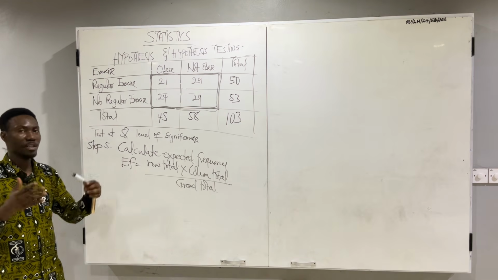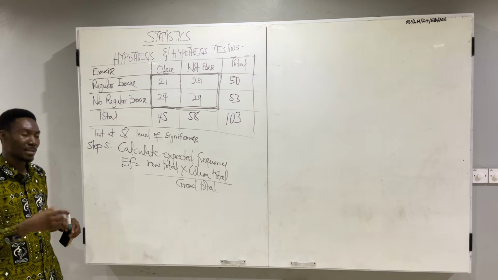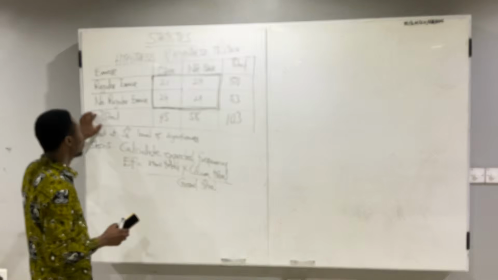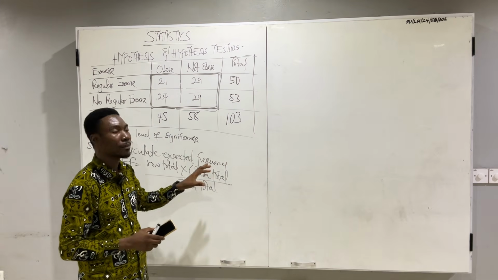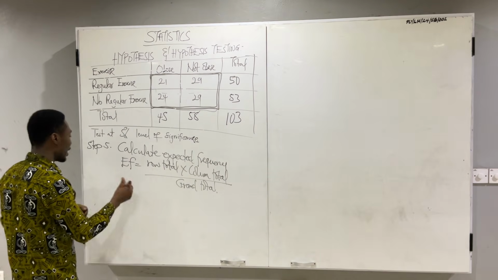Now, when you get to this step, you have to redraw another table. But I'll show you a trick in drawing the table. Okay, when you get to this step, you are expected to draw another table. Now, on that table, you are going to remove the totals from there. It's like you are redrawing the table again, but you are taking away the totals. So this is how it's going to look like.